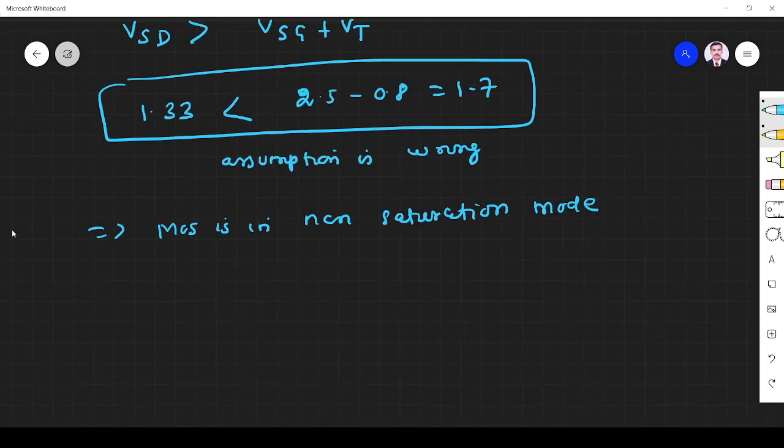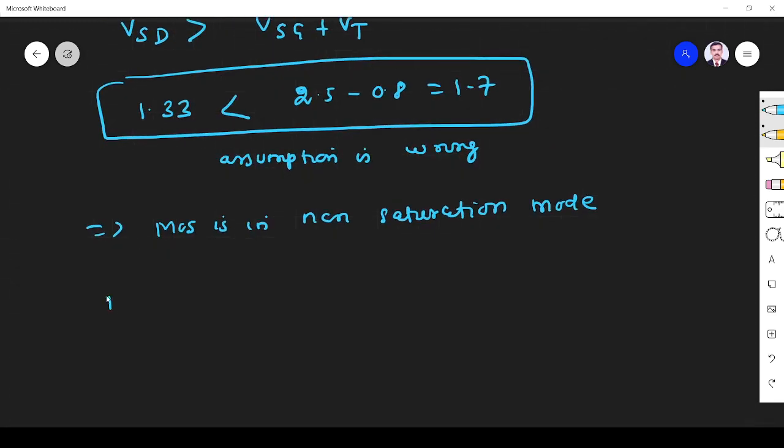So what I am going to do, I find ID again. For non-saturation mode, ID is given by Kp into [2(VSG plus Vt) VSD minus VSD square]. Everything we found. Kp is given in the problem, Vt is given in the problem, VSG we found.